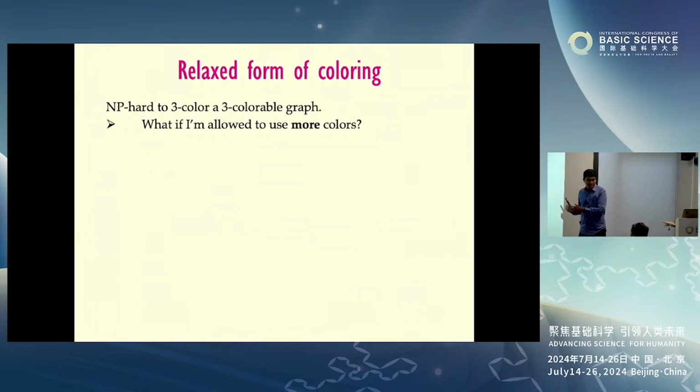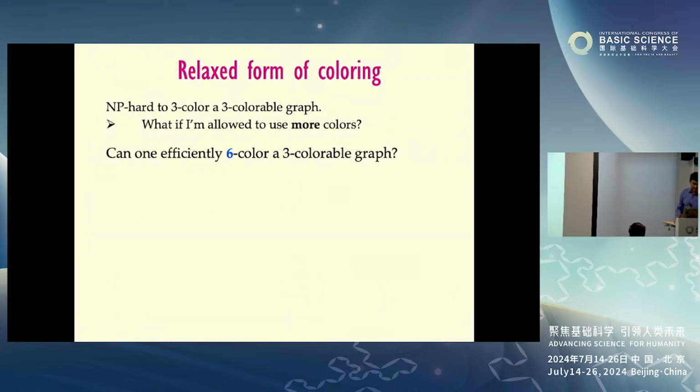CSP, I'll go back to my favorite. I told you it's NP hard to 3 color a graph. What if I give you a graph that is promised to be 3 colorable and ask you to color it with 6 colors, okay? The complexity of this is open, and that will be the correct answer, because indeed nobody knows.